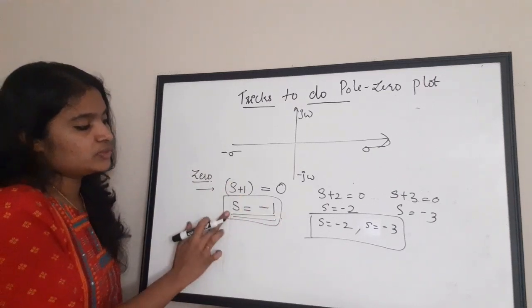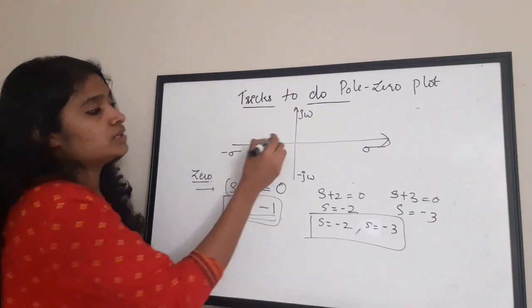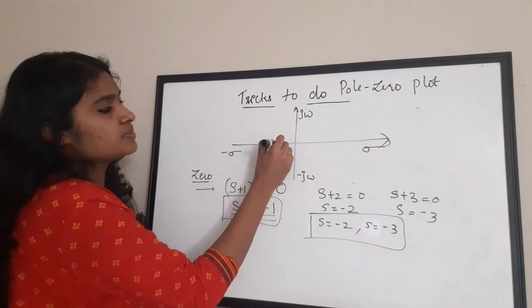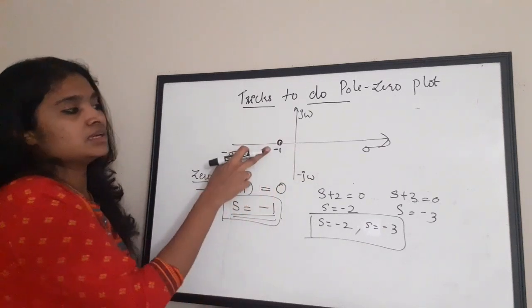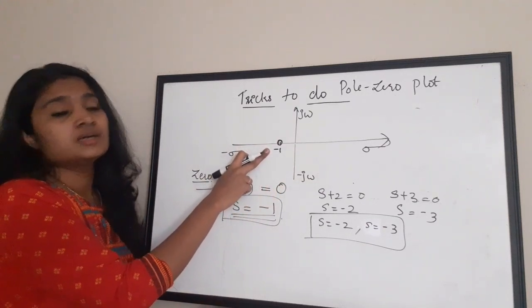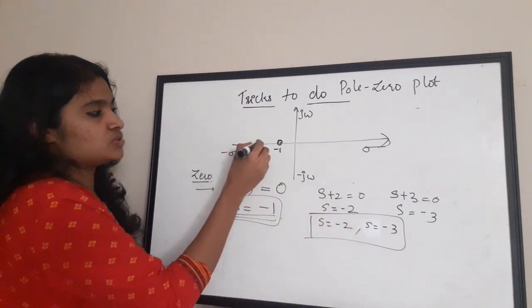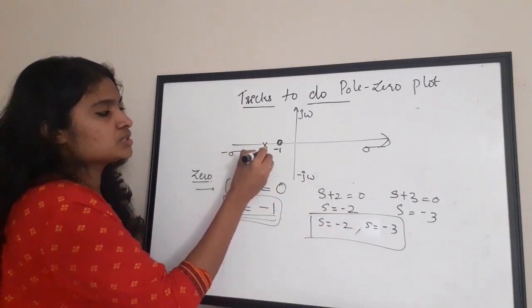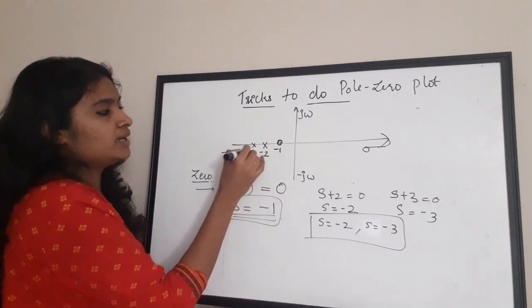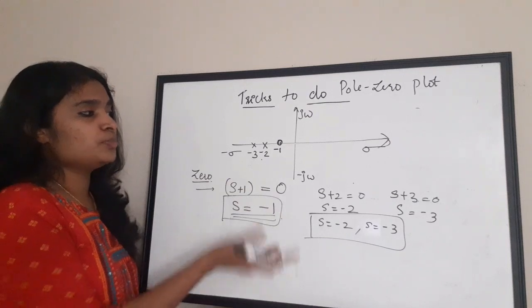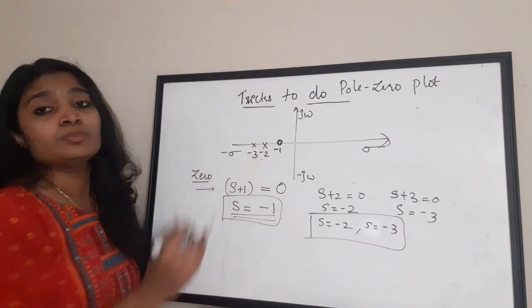There is only one value, s is equal to minus 1. So I take this as minus 1. This is my zero. See, I have drawn a small circle for the zero. Now the pole values are minus 2 and minus 3, so I am going to mark crosses for minus 2 and minus 3. This is how you can plot the poles and zeros in the pole zero plot.